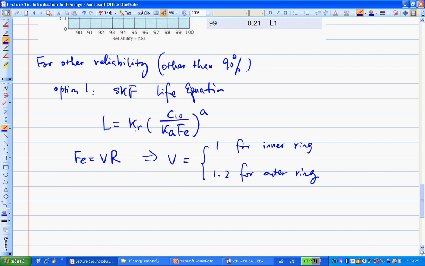So that's V, and R is basically the resultant load at the bearing location.